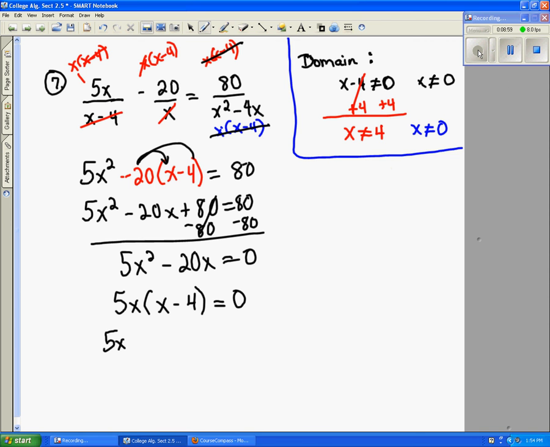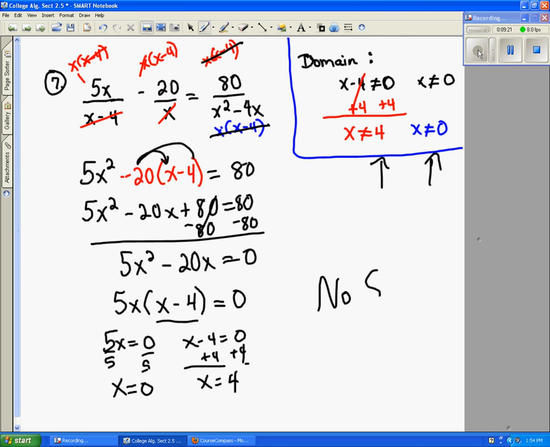Now we set 5x equal to 0 and solve, and then we set x minus 4 equal to 0. One solution is x equals 0, the second solution is x equals 4, but since our domain says it cannot be 4 and it cannot be 0, this is no solution.